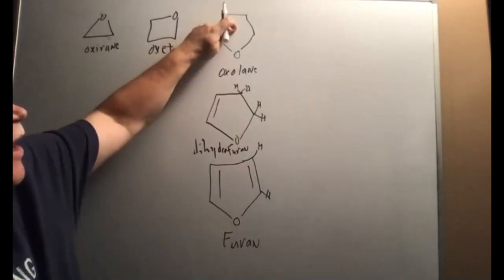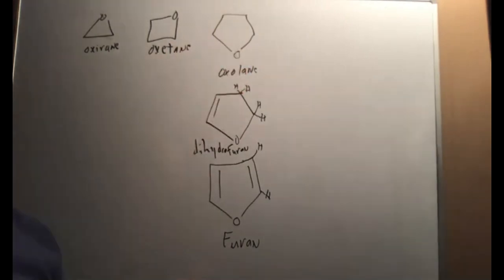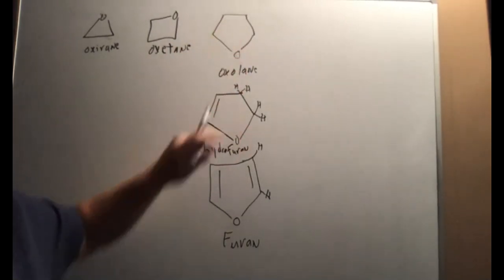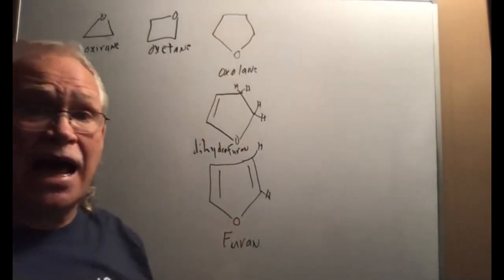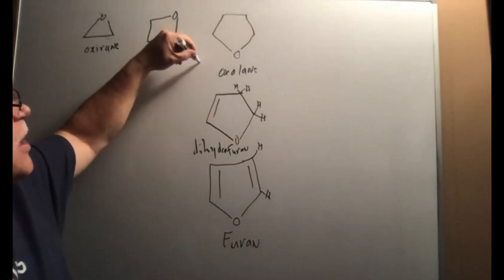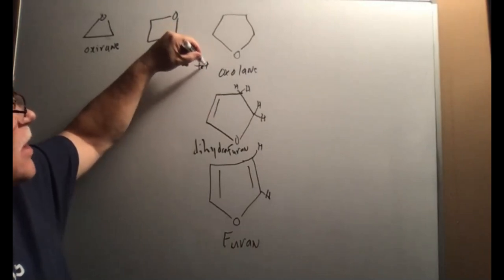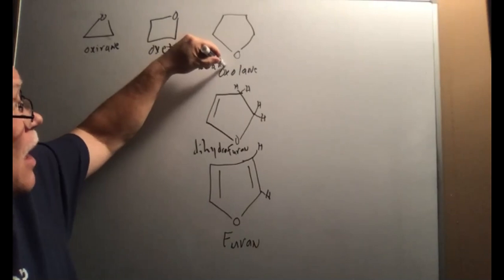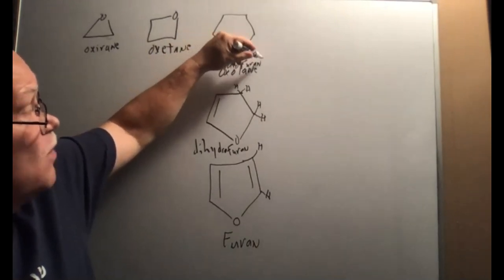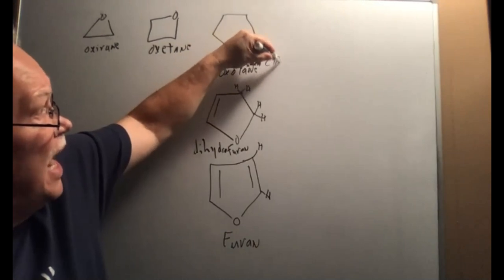What would this one be called other than oxolane? To go from here to here, haven't I added two hydrogens on either side? So I've added a total of 4 hydrogens. So this compound is often called tetrahydrofuran, and it's abbreviated THF.